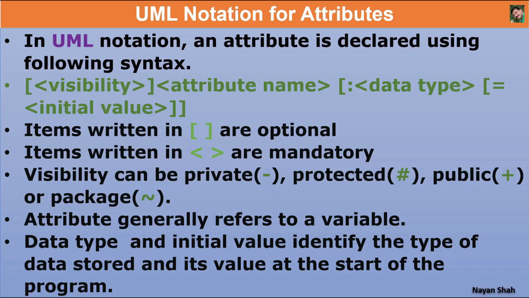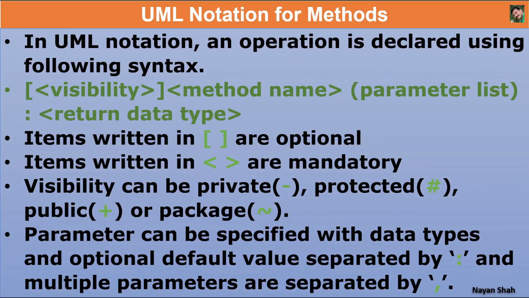So this is the UML notation for attributes. We will discuss visibility in detail later. Right now just remember these four visibility words: private, protected, public, and package. And remember the sign used for representing each of them.